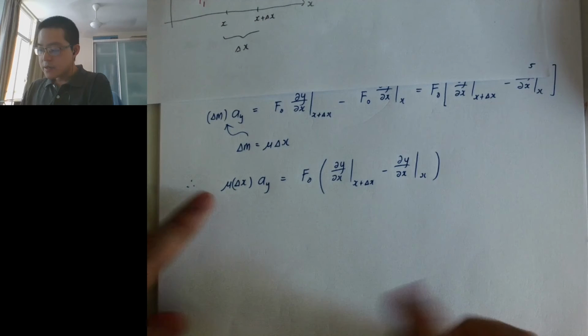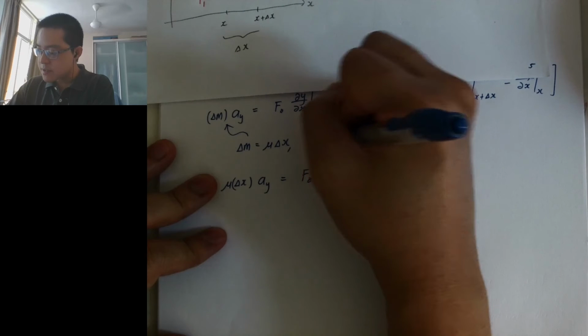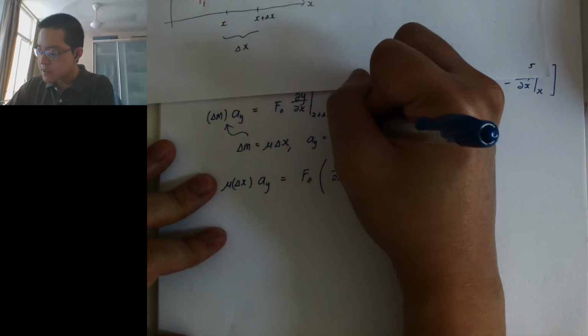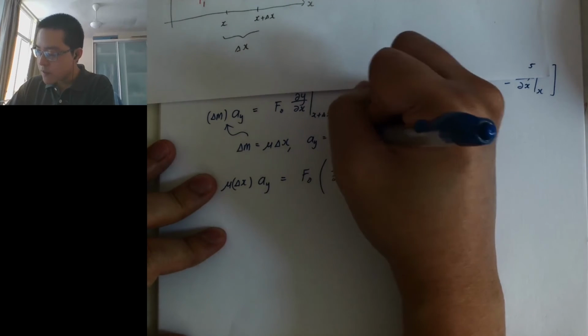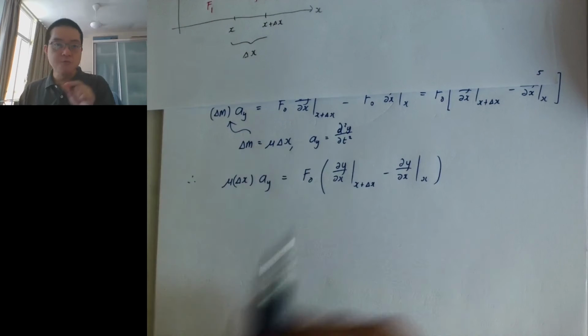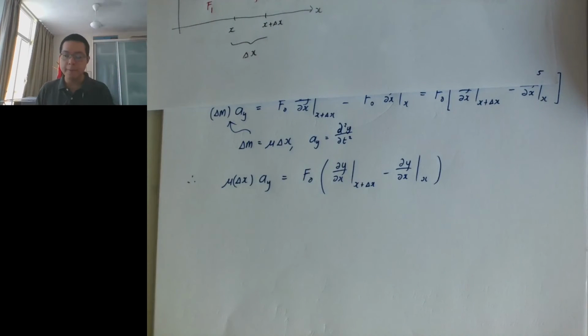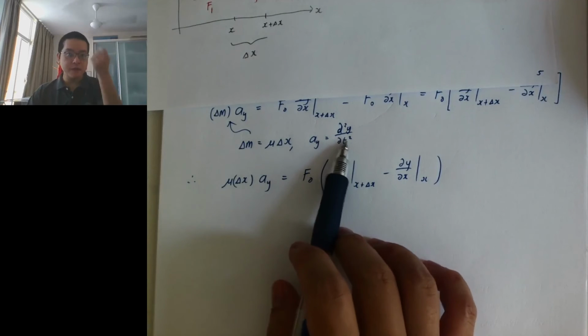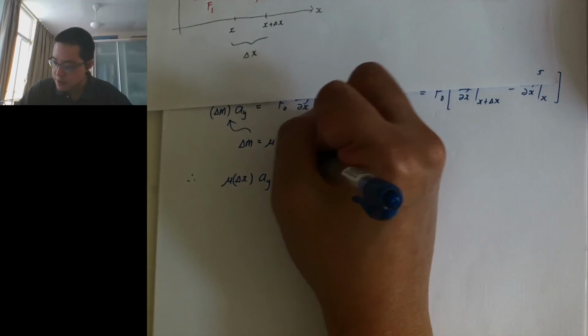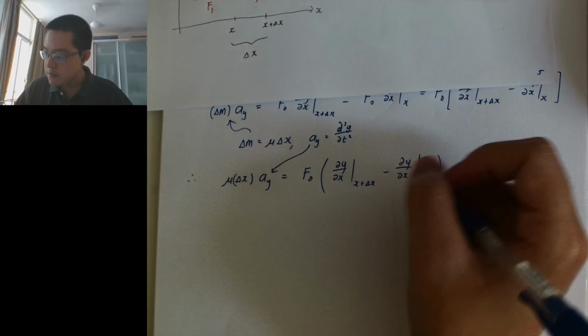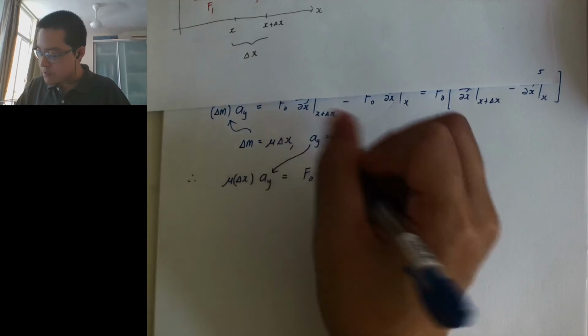Okay, and also my acceleration is just the second derivative of y with respect to time, because y is the position of my string, so it depends on time. If I differentiate the position of the string with respect to time squared, it's the vertical acceleration. So I got this. Now I can rearrange everything.